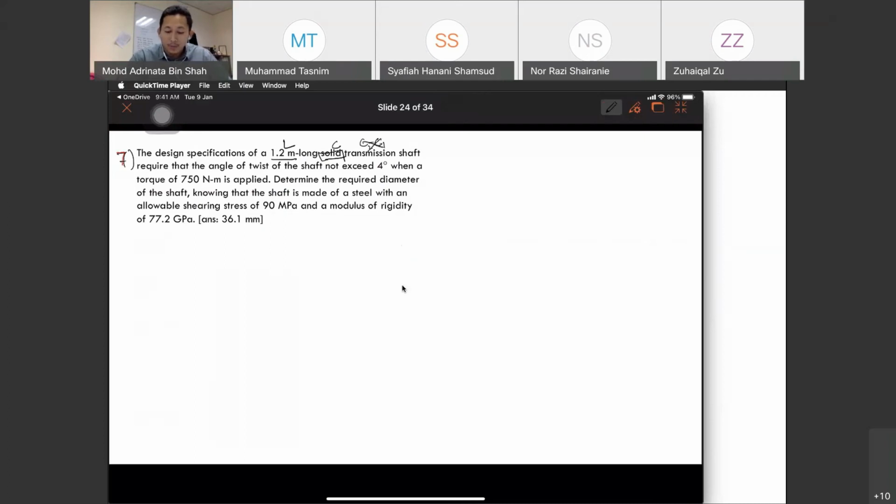So this is not. Require that the angle of twist of the shaft not exceed 4 degree. 4 degree is angle of twist. When a torque, so given torque T is applied, determine the required diameter. So dia nak cari diameter is 2C.